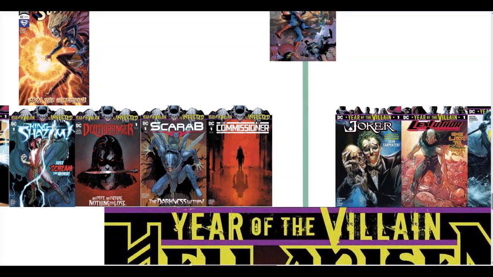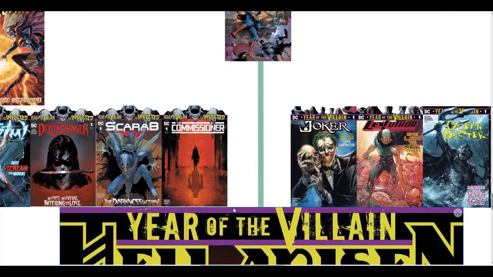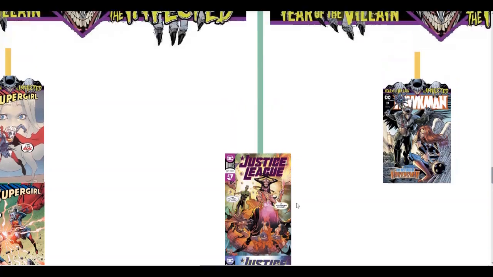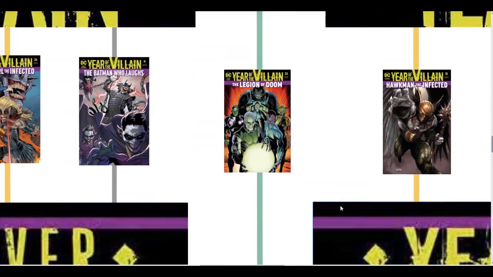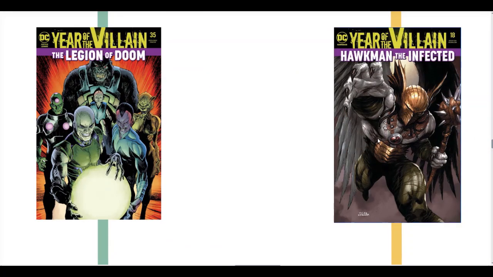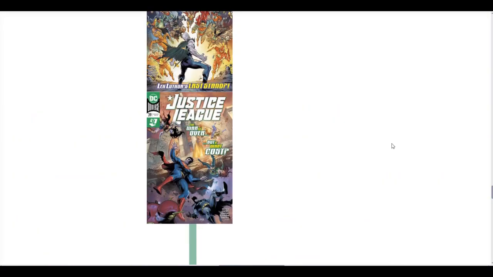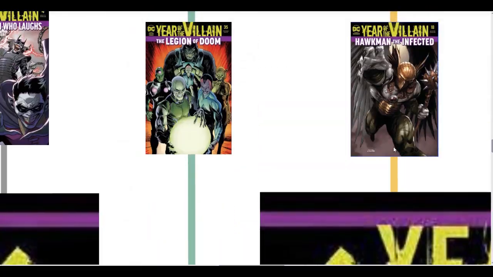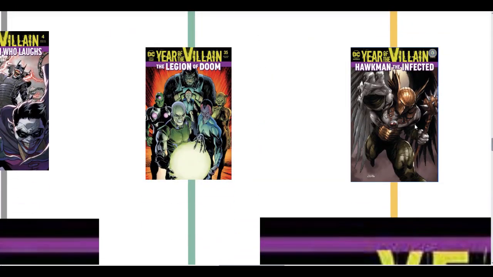I might rejig those around in just a second. As I say, these are live maps that I can always edit. And then after the Commissioner, it then includes, let me just go up to it, this is it, Hawkman, The Infected. So Hawkman issue 18, as you can see here from the cover. That is the one that's collected in that trade paperback.